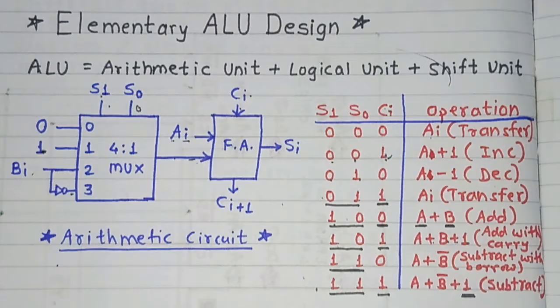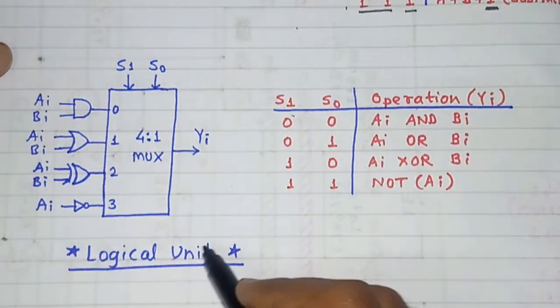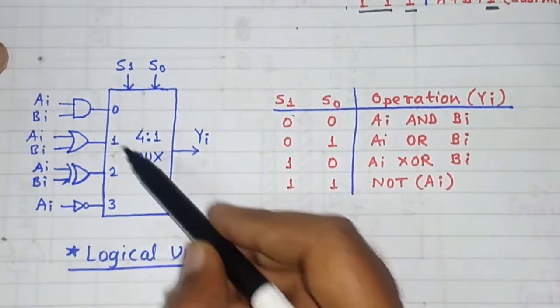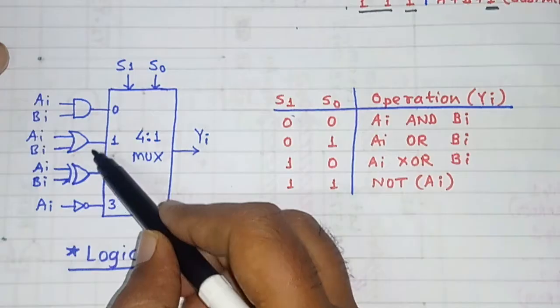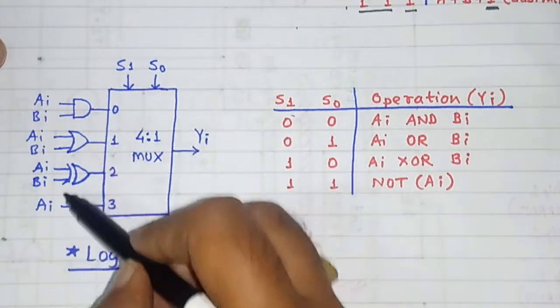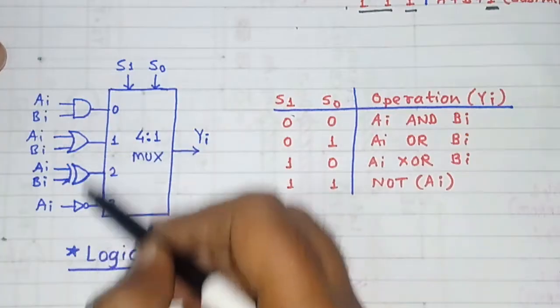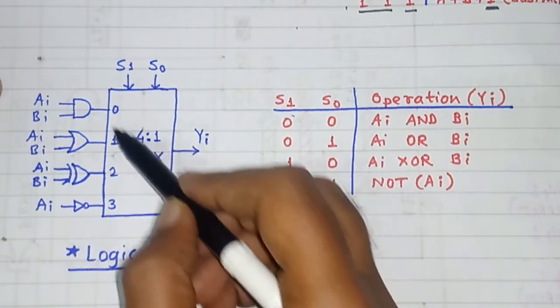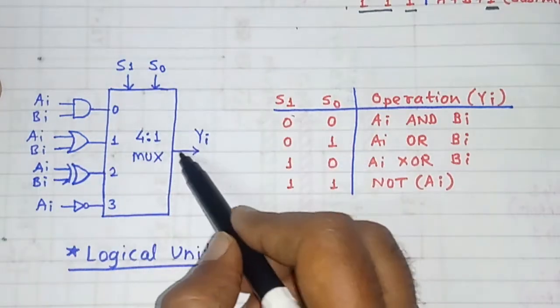Now let us see the logical unit design. In this logical unit design, we have 4 basic operations: AND operation, OR operation, XOR operation, and NOT operation. These can be done using simple logic gates. This 4:1 multiplexer has 4 inputs, 2 select lines, and 1 output.